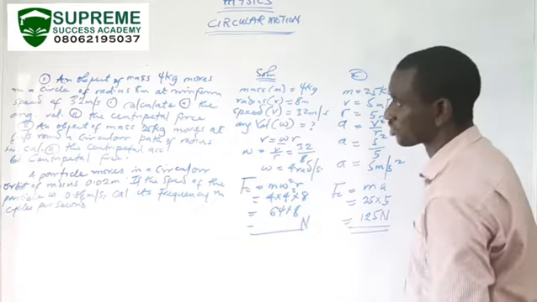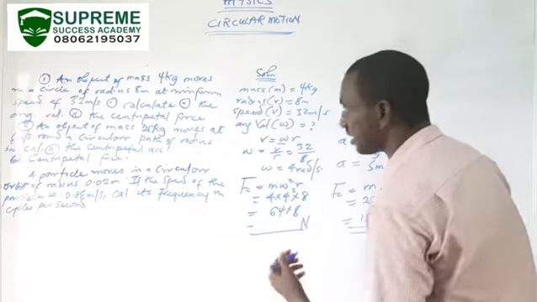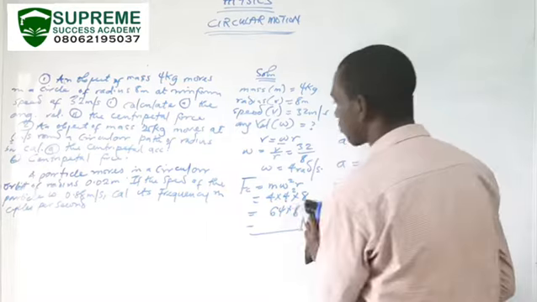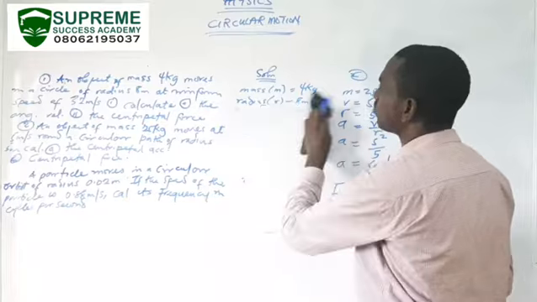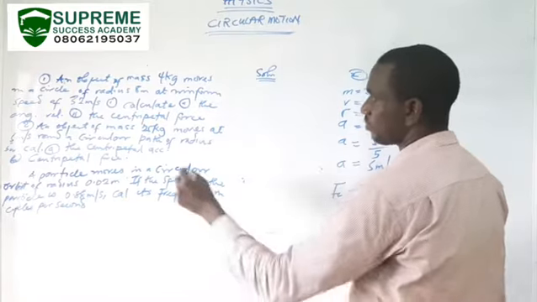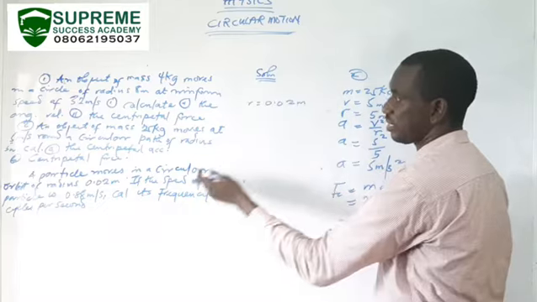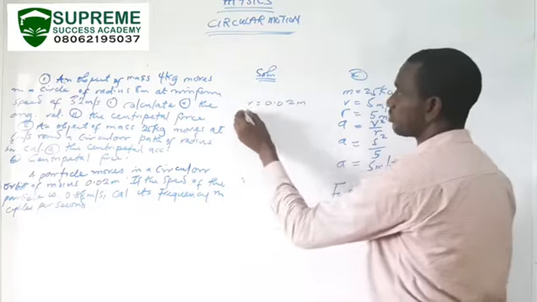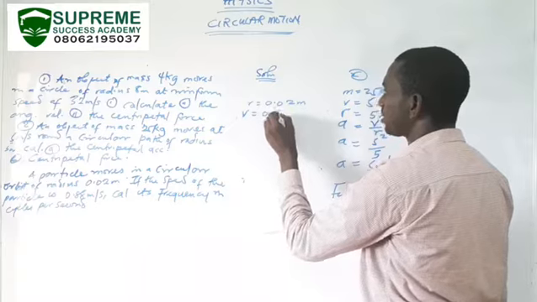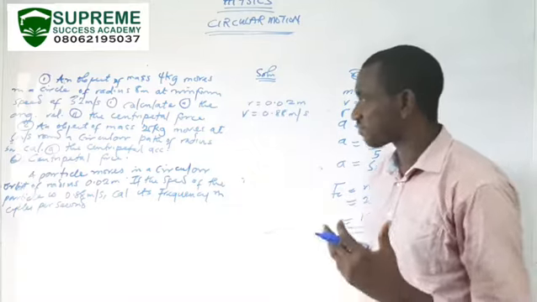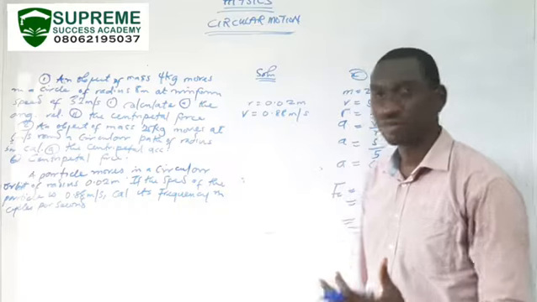And the last question. A particle moves in a circular orbit of radius, you are given the radius to be 0.02 meters. If the speed of the particle, V, equals 0.88 meters per second, calculate its frequency in cycles per second.